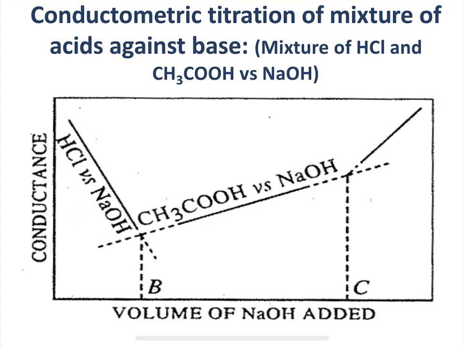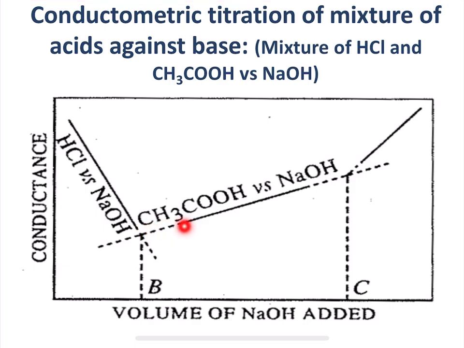Next, once all the hydrochloric acid has completed its reaction with sodium hydroxide, what happens? Acetic acid reacts. Acetic acid gets replaced by a strong electrolyte, and sodium acetate is formed as a salt.